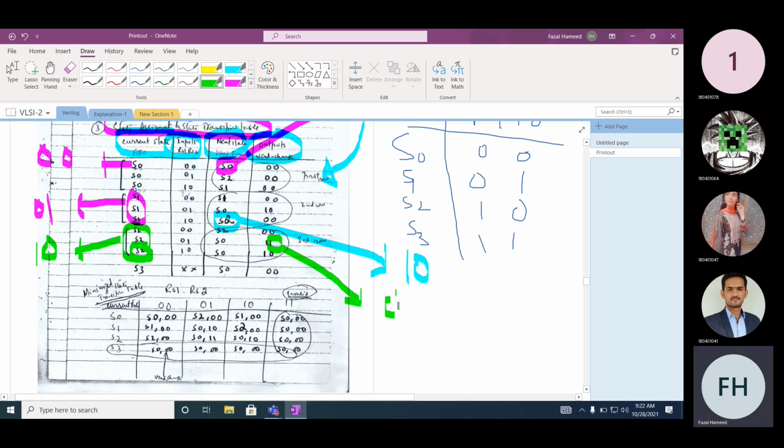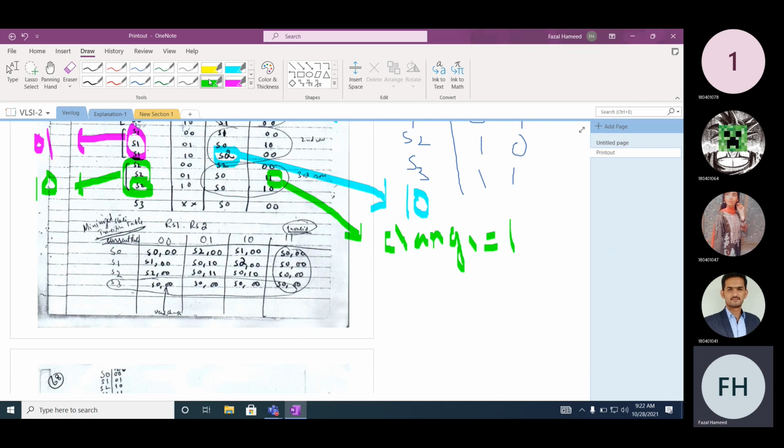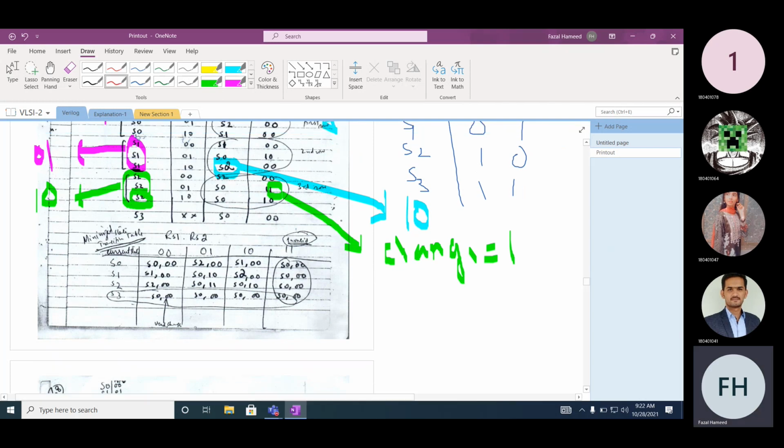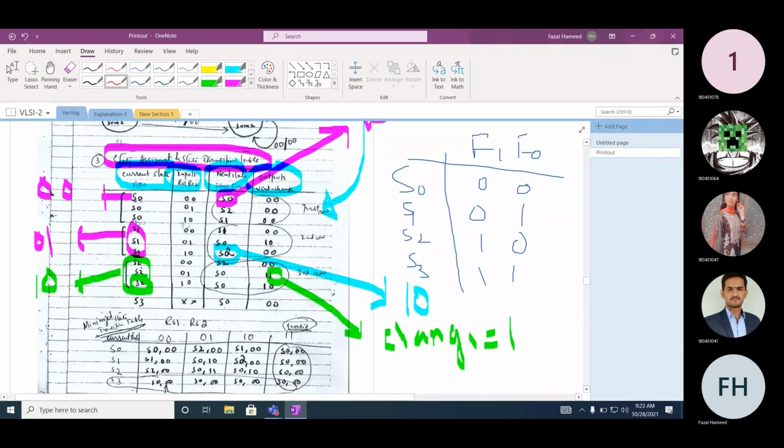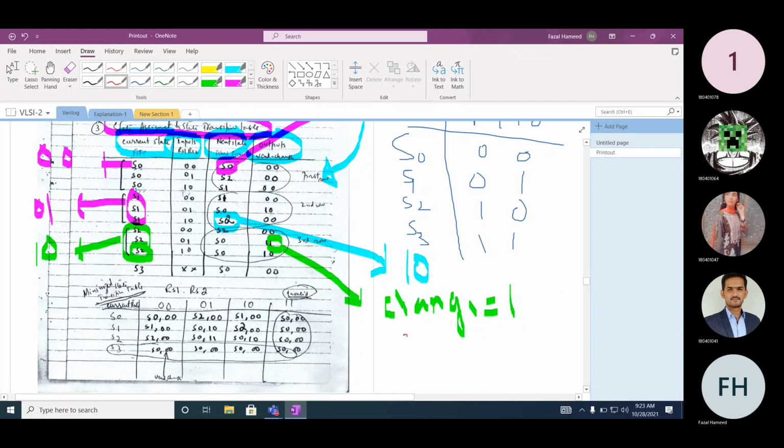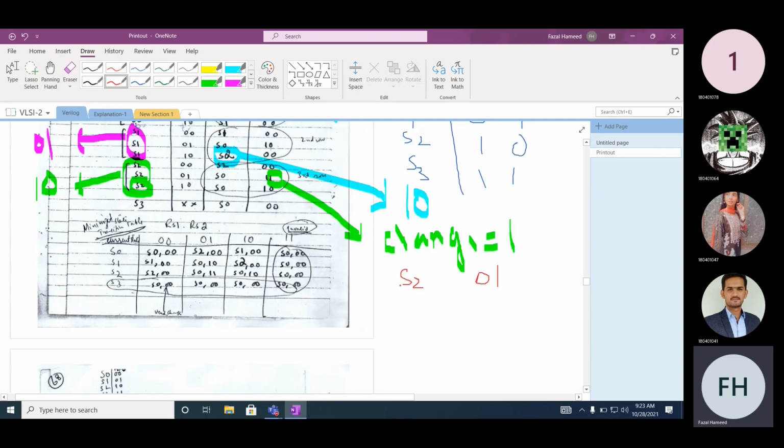Change is 1 when the current state is S2 and the input is 0 1. If you talk of this S2, what will be F1 and what will be F0? S2 is 1 0.